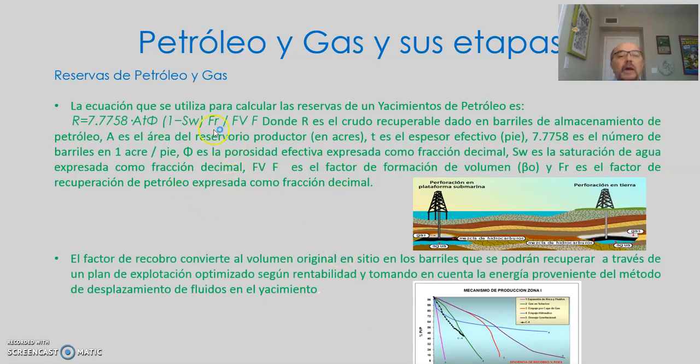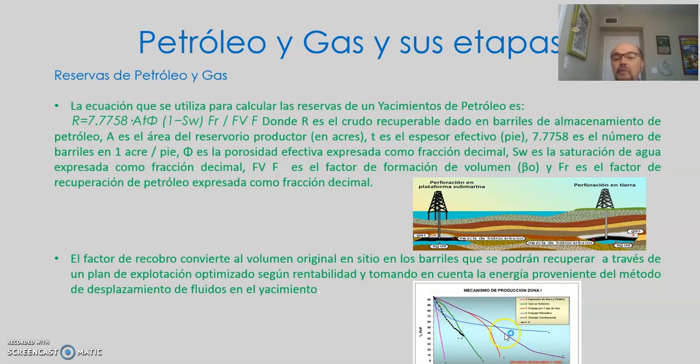So we know how much is occupied by oil, and then we have the recovery factor. We have to multiply the area by the recovery factor. That depends on what drive mechanism we have in the reservoir.